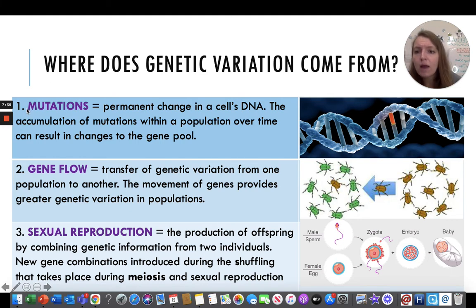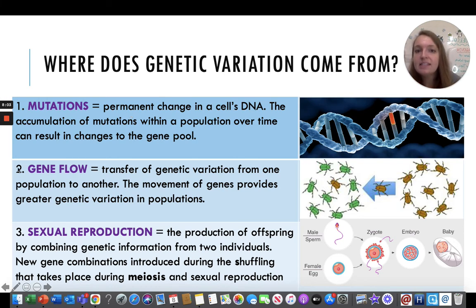The first way is mutations, a mutation, all right? So a mutation is the permanent change in a cell's DNA. So it's a physical change that happens in the code. And when you get more and more mutations in a population over time, that's going to change the gene pool. The gene pool is going to change because there's different genes there.